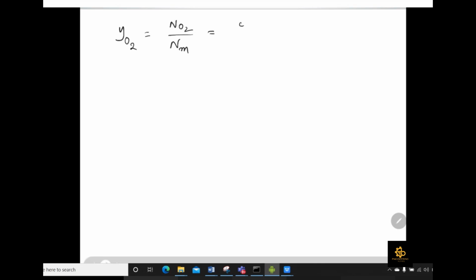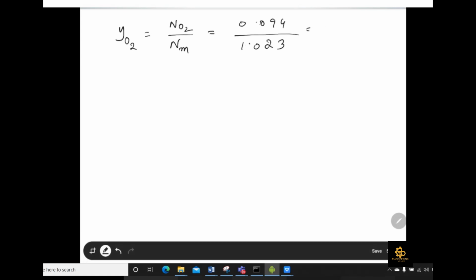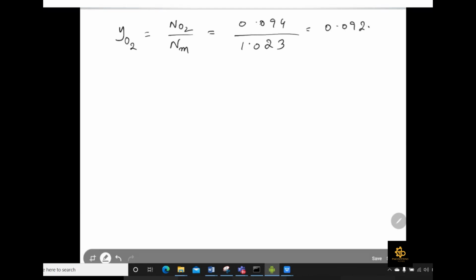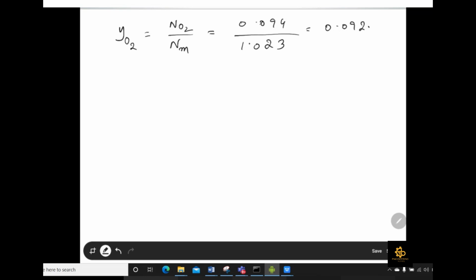The mole number of oxygen from the previous slide is 0.094 kilomole, and the mole number of the mixture is 1.023. From here we find that YO2, the mole fraction of oxygen, is 0.09. So this is the first component.